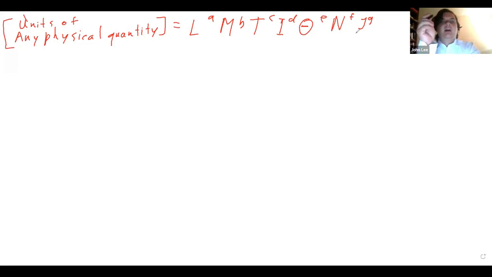to some power. So the units of any physical quantity, these brackets indicate that we're talking about the units of some value. It's going to be just these basic variables to some power times each other.